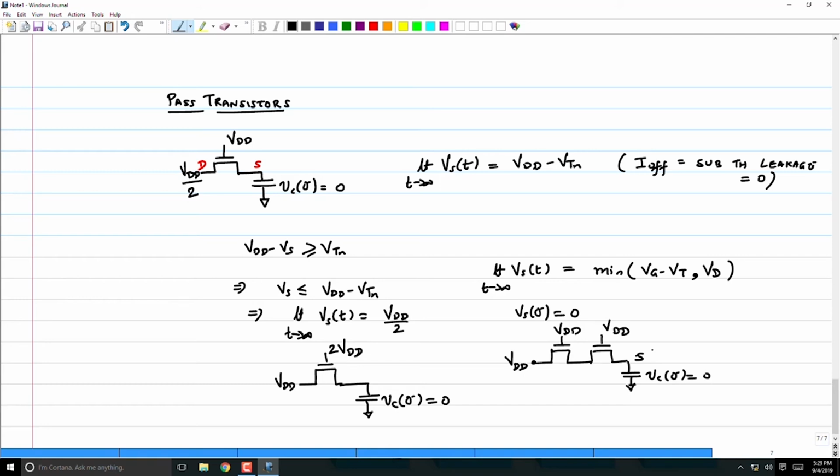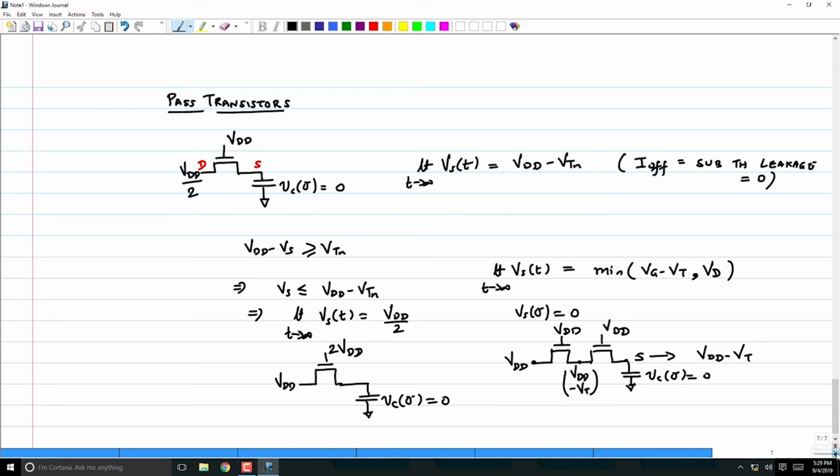It will basically go to VDD minus VT, because this guy can go up to VDD minus VT. Now this guy can go to min of VDD minus VT and VDD minus VT. Drain is also at VDD minus VT, assuming that these two have the same VT, right? So therefore this will eventually go to VDD minus VT. I leave it to you to figure out in what configuration it will actually go to VDD minus 2 VT. Think about it.